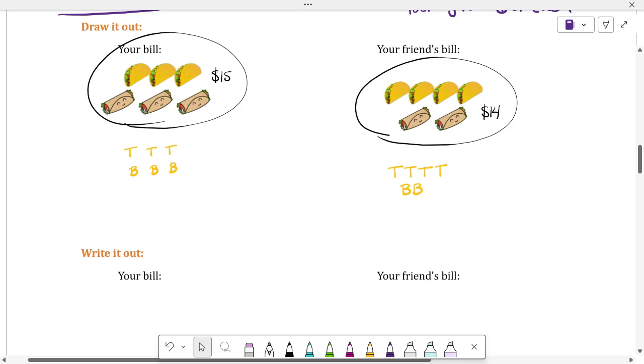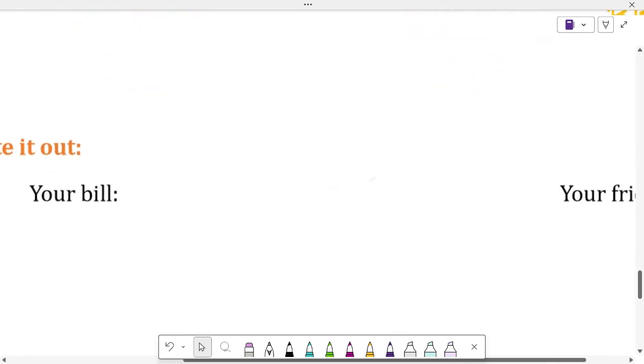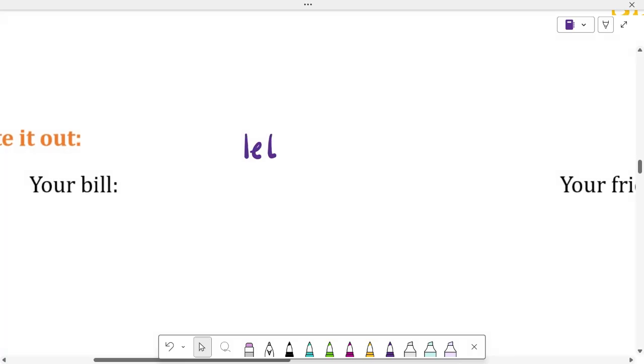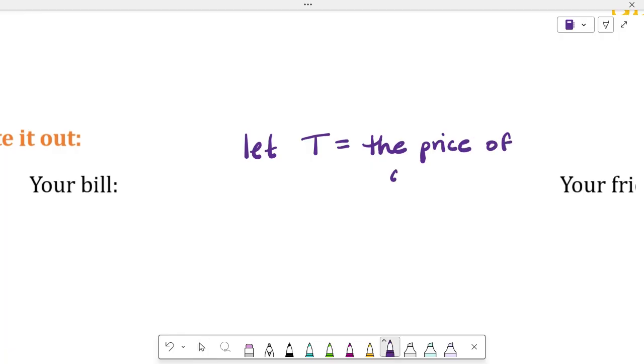Let's use T and B here. Let T be the price of a taco, because that's what we don't know. And B, what we also don't know, is the price of a burrito.